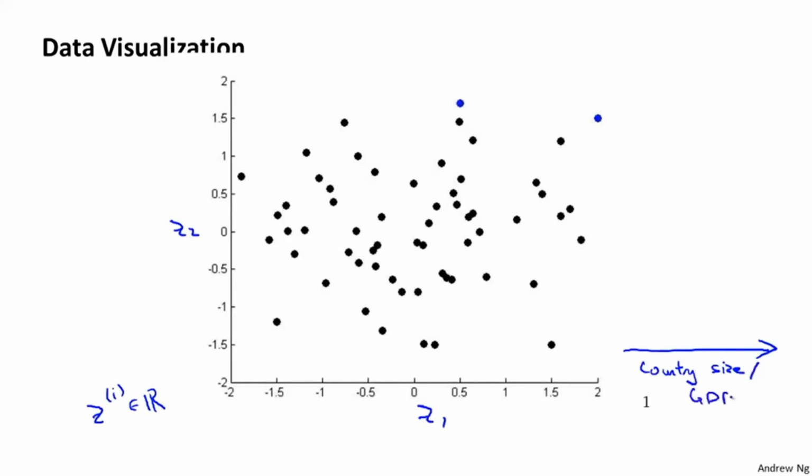So the overall GDP, overall economic size of a country. Whereas the vertical axis in our data might correspond to the per person GDP, or the per person well-being, or the per person economic activity.